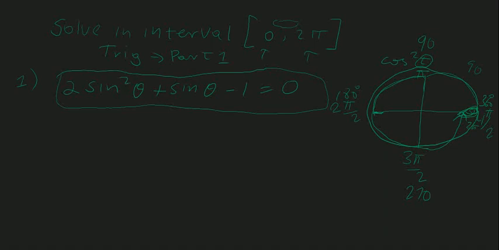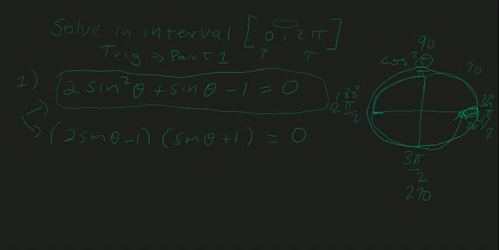So now ask yourself where this original equation came from. It came from 2 sine angle minus 1, times sine angle plus 1, equal to 0. So this is the same as this.